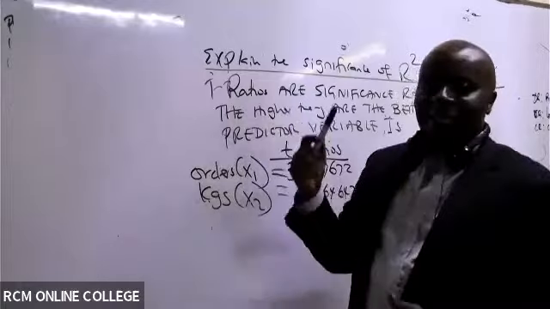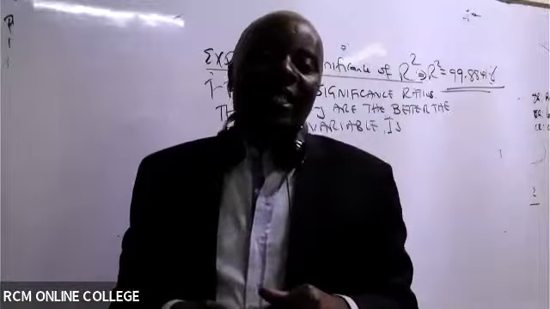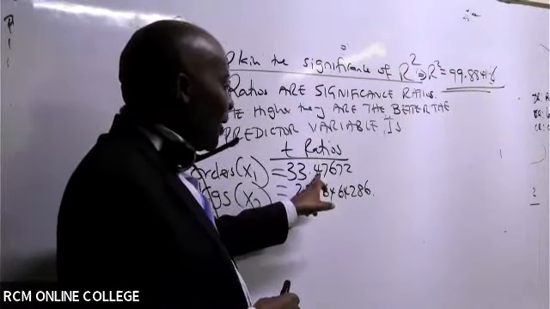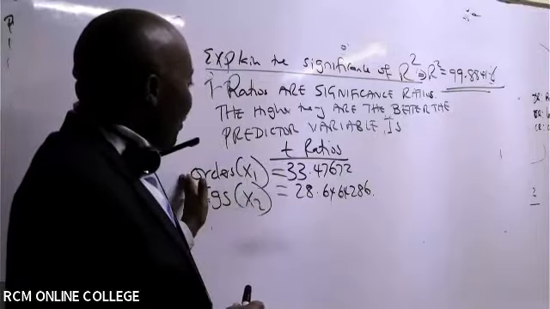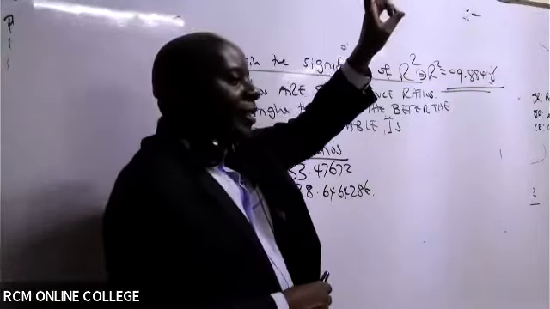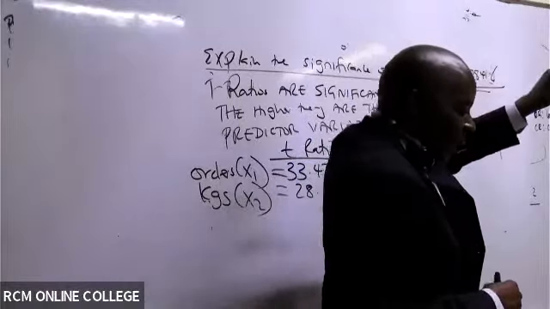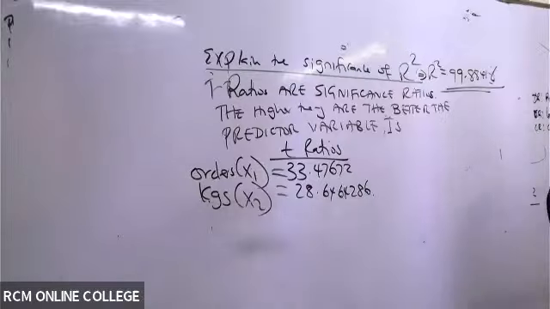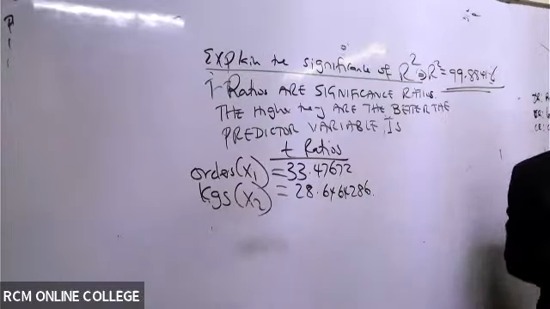Remember, the higher the T ratio, the more significant. So the higher one is 33, isn't it? Yeah, so this is the higher one, and therefore, number of orders are more significant.